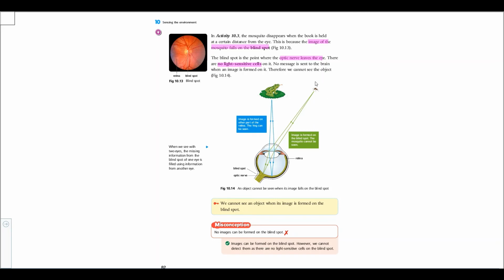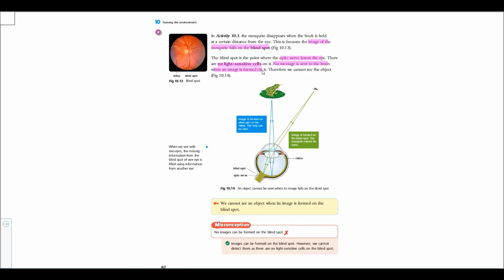Remember, at a blind spot, even if there is light, no message is sent to the brain when an image is formed on it, so we cannot see the object. This is exactly why at some point we cannot see the object.